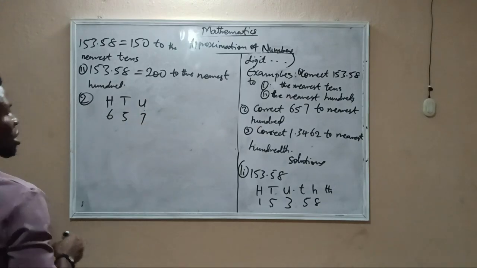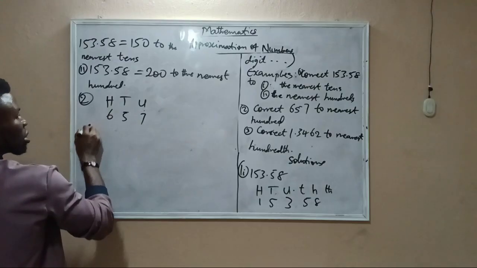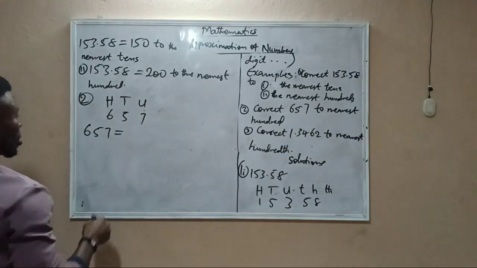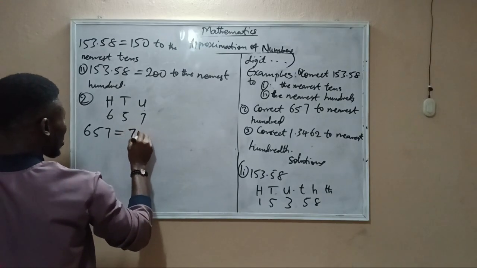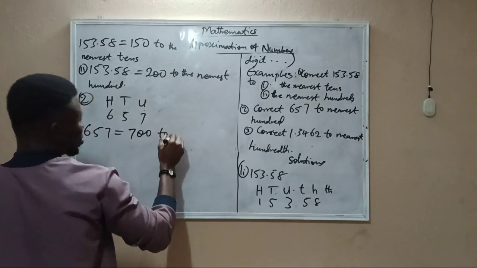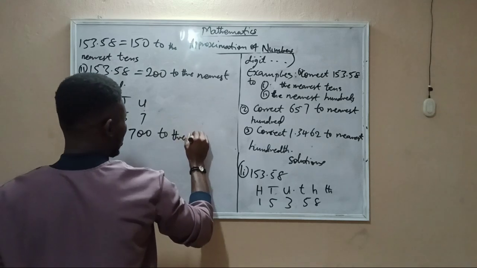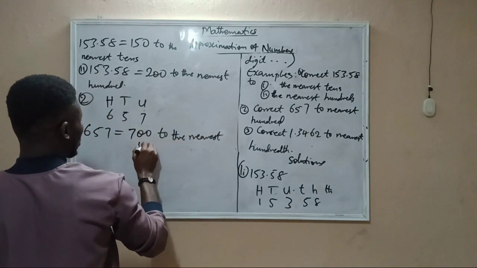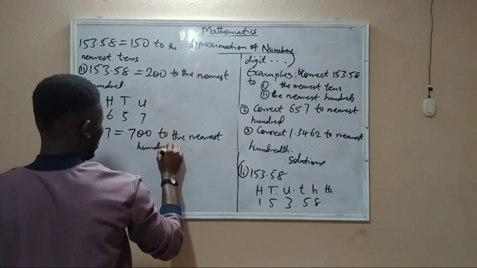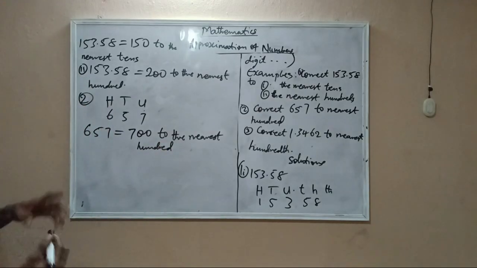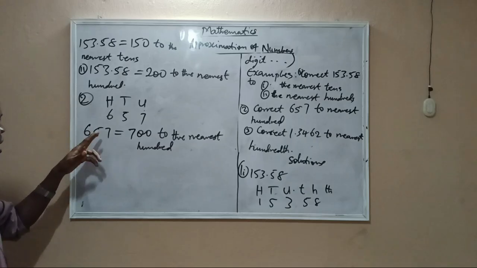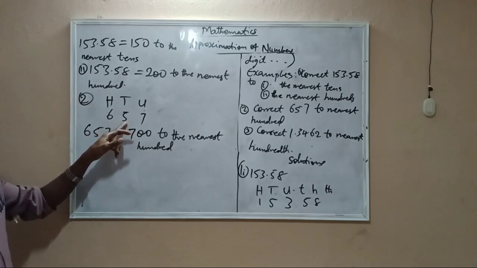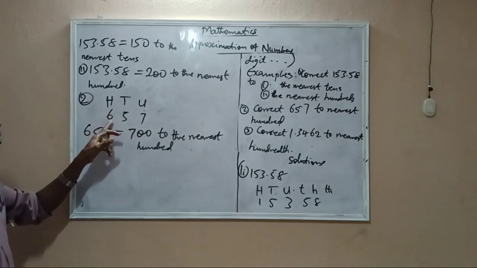And then 657 to the nearest 100 will be equal to 700 to the nearest 100. Why? Like we used to say, the number under hundreds is 6, and the number under tens is 5. Approximate it and add it here, and it becomes 7.